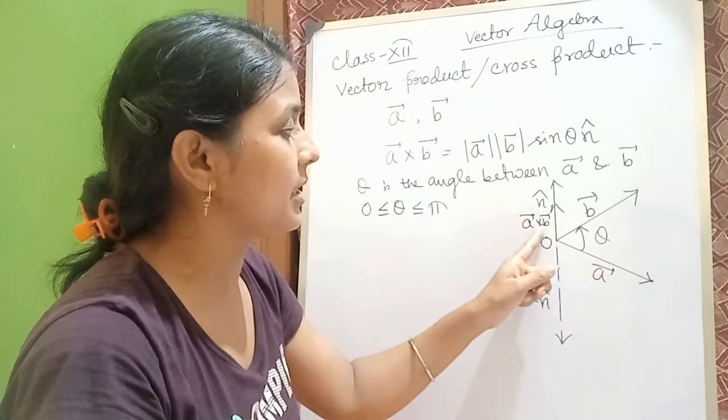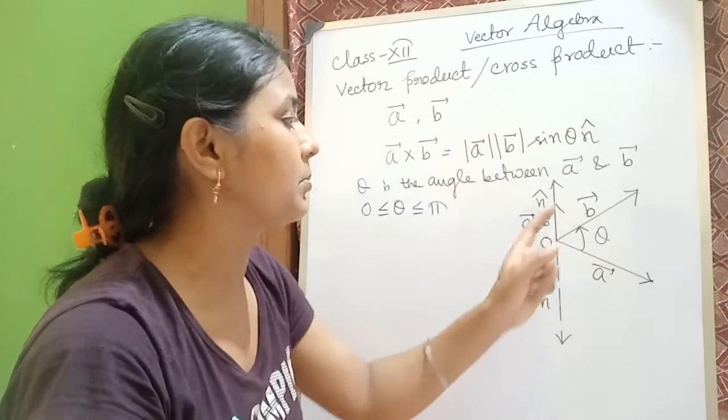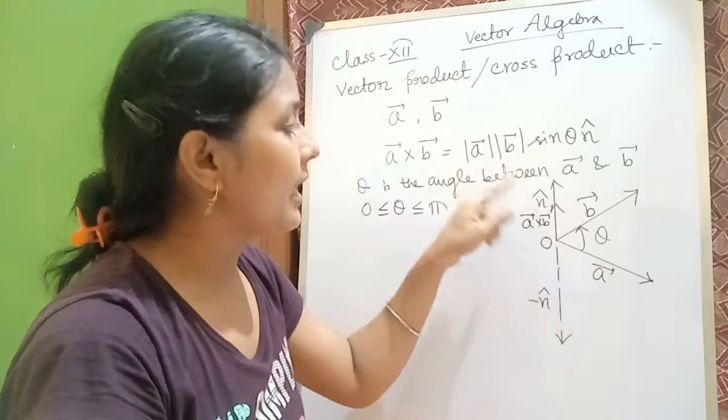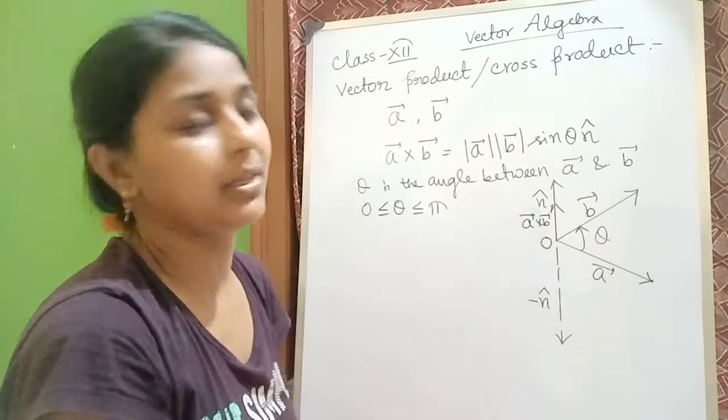A cross B will make a mutually perpendicular system with A and B. N cap is the unit vector along A cross B.